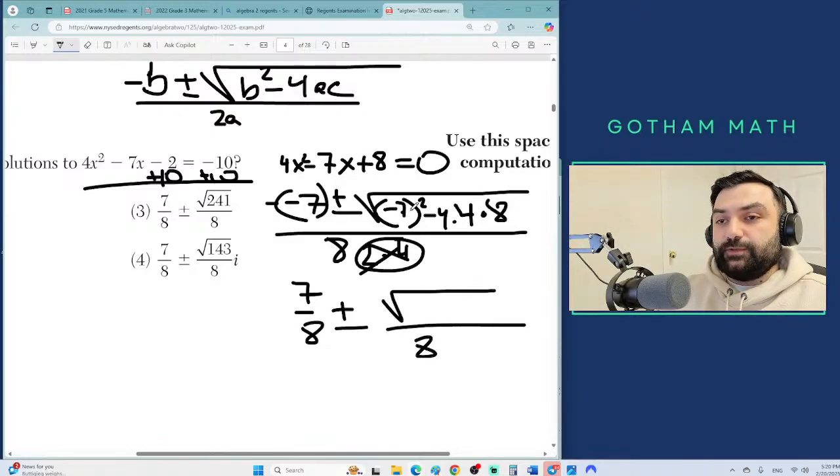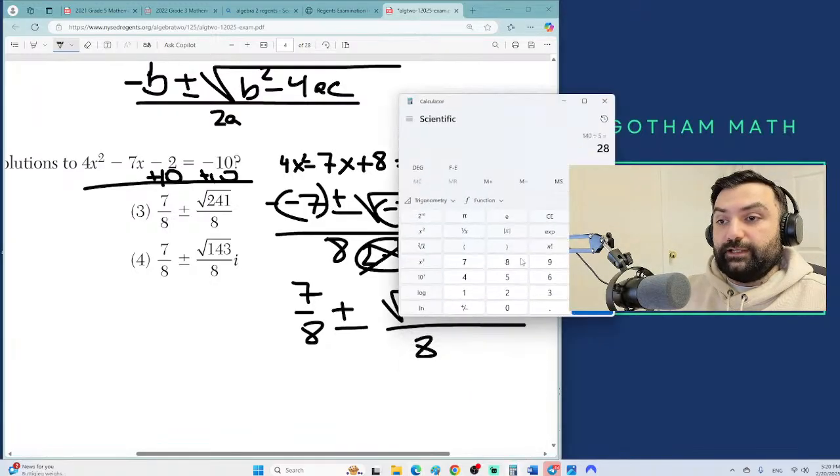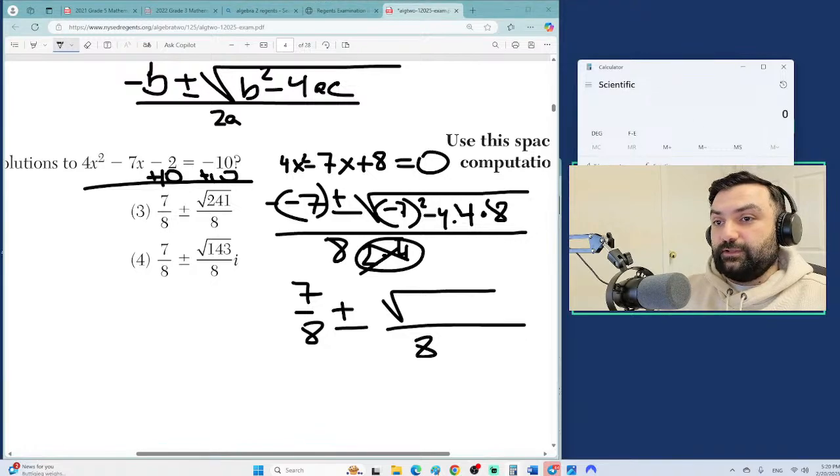So what is going to be? Negative 7 squared is 49, and then 4 times 4 times 8 is 128. So it's going to be 49 minus 128, which is negative 79.